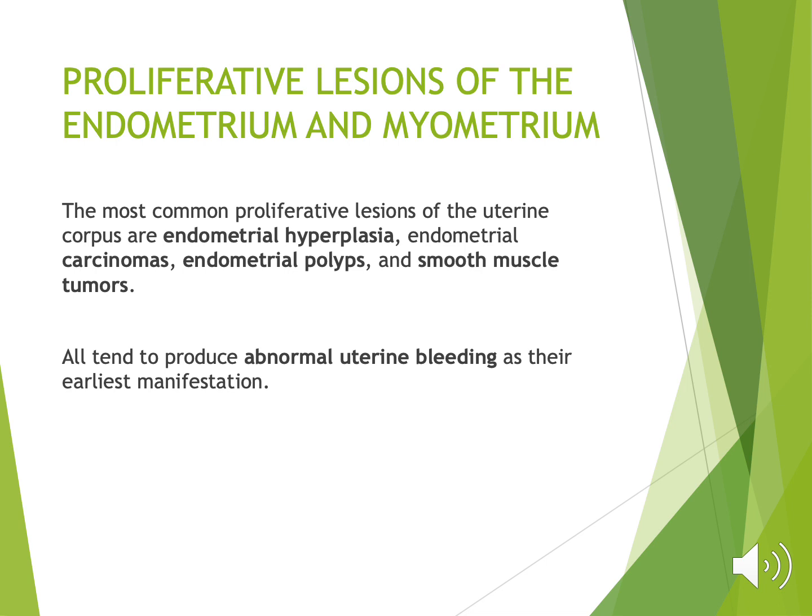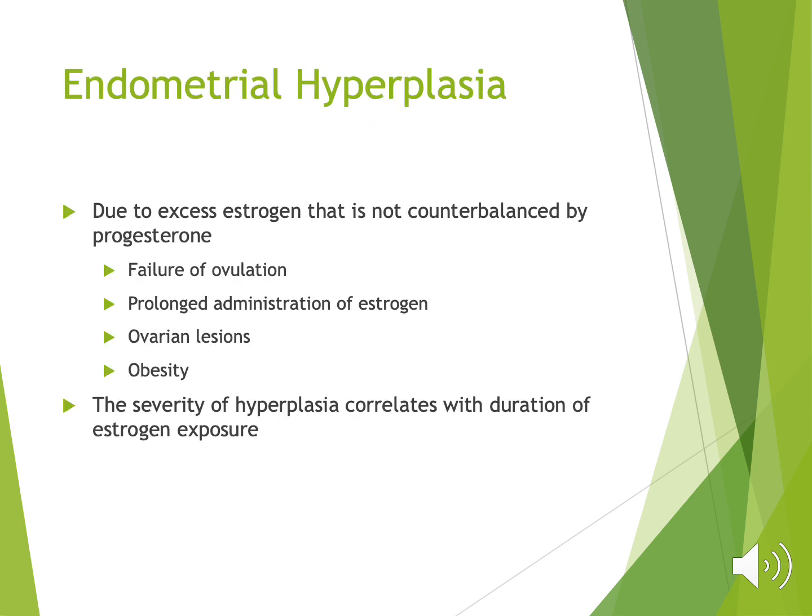The most common proliferative lesions of the uterine corpus are endometrial hyperplasia, carcinoma, polyps, and smooth muscle tumors. They all tend to produce abnormal uterine bleeding as one of their earliest manifestations. Endometrial hyperplasia, as we discussed previously, is most commonly caused by unopposed estrogen.